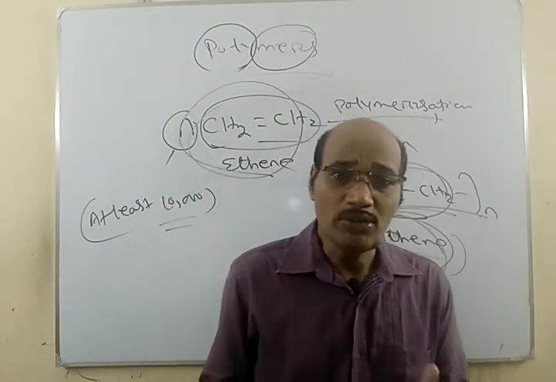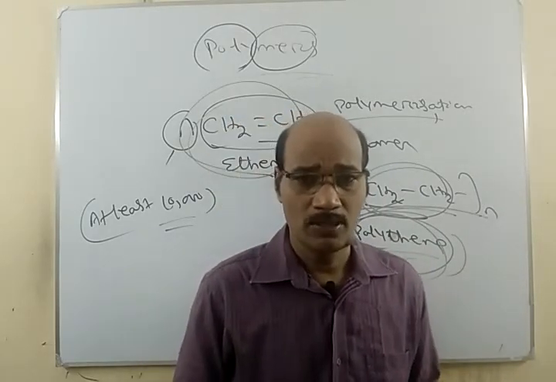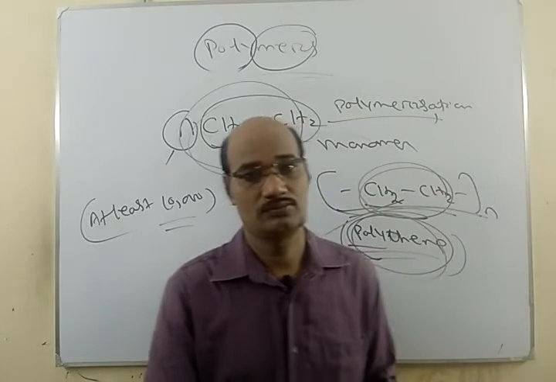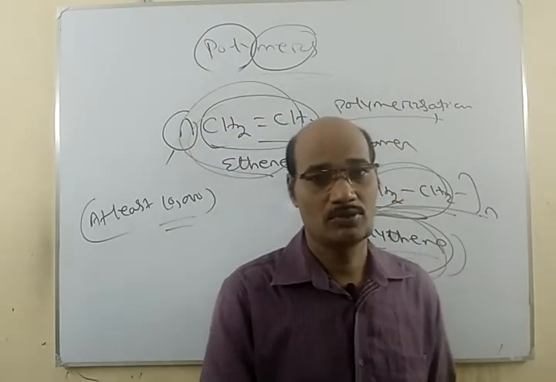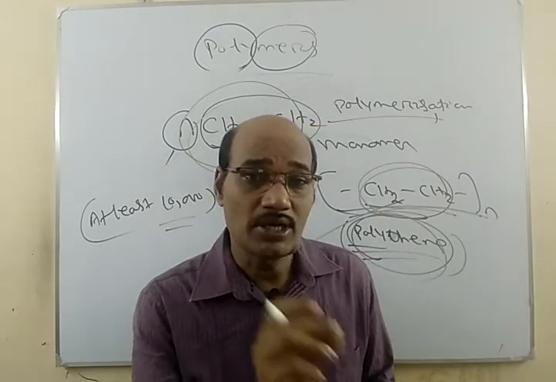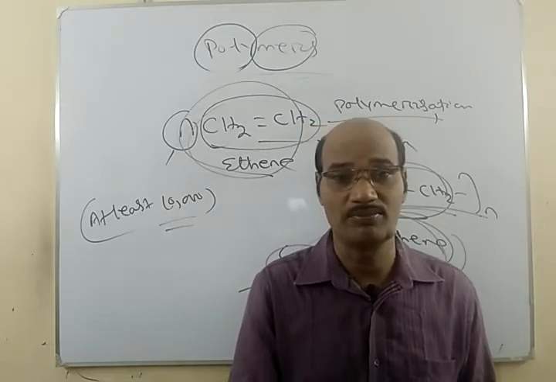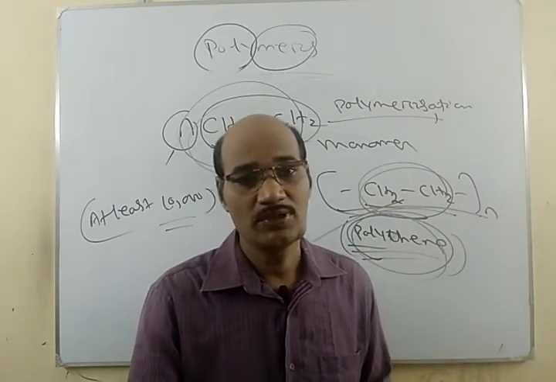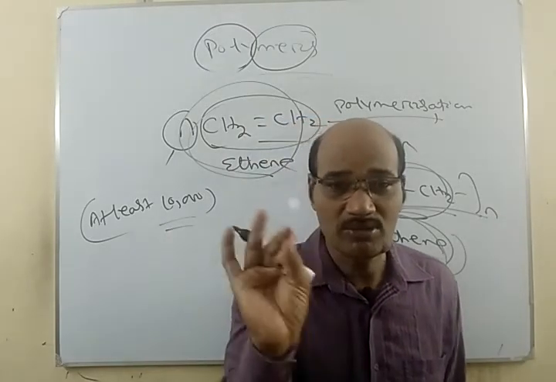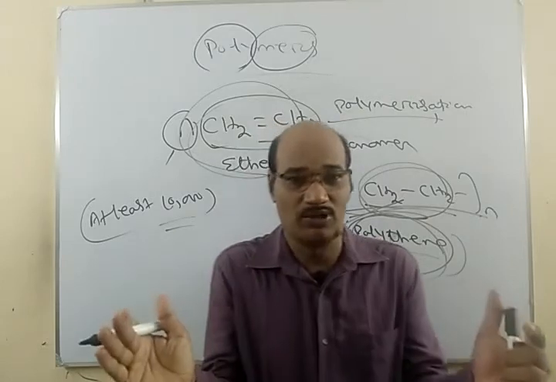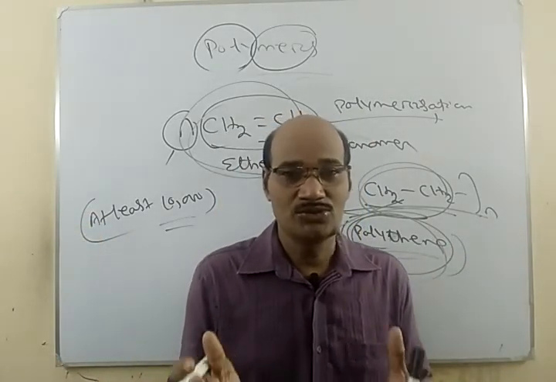But there are molecules which are very large, called macromolecules, but are not polymers. For example, chlorophyll. Chlorophyll is a large molecule, containing about 55 carbon atoms. But there is no small unit, there is no monomer unit. Only one large molecule.